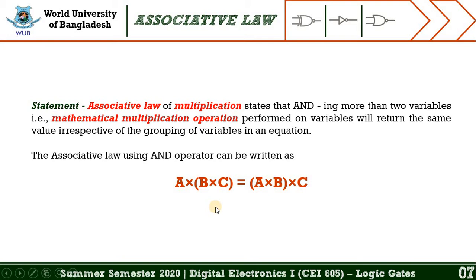The associative law using AND operator can be written as A and (B and C) is equal to (A and B) and C.